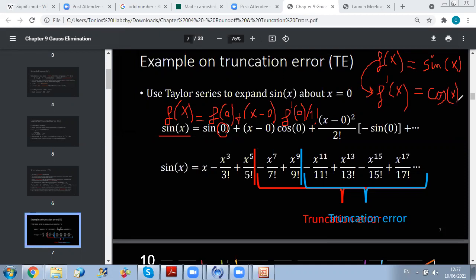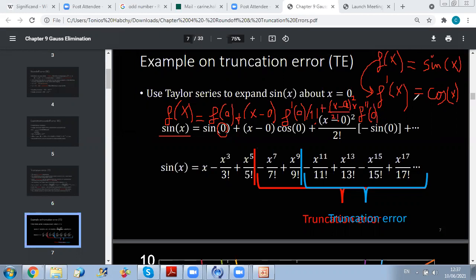So now, by replacing f prime at 0, it's cosine 0, plus, we continue the expansion, so plus (x minus 0) squared, so it's (x minus a) squared, over 2 factorial, which is 1 times 2, it's 2, times the second derivative of function f at point 0.